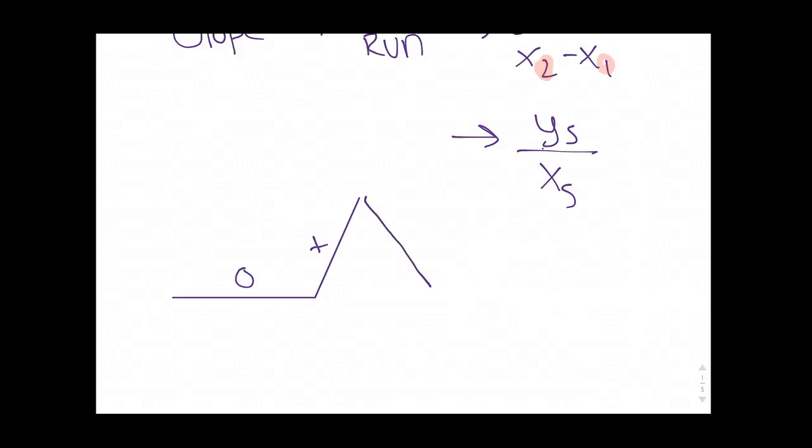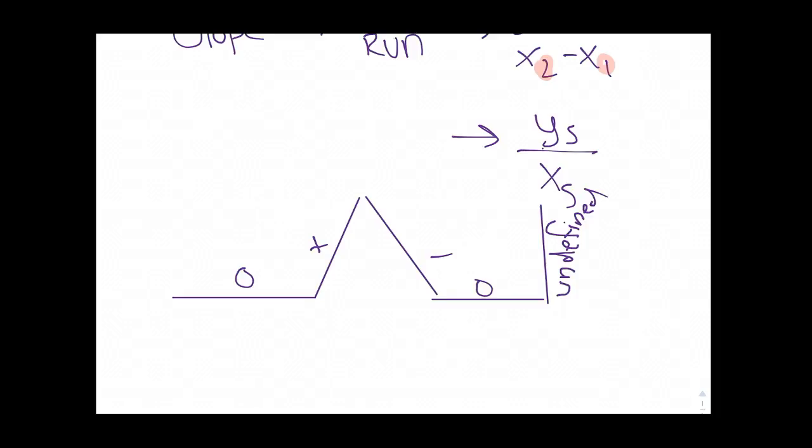To go down a mountain would be a negative slope, a negative incline. Again, to go straight across would be a 0 slope. And then to go straight up and down would be undefined. We would be unable to do that. Okay.